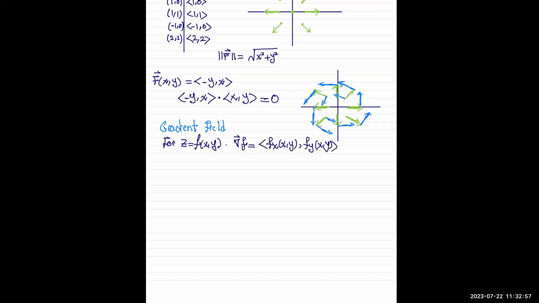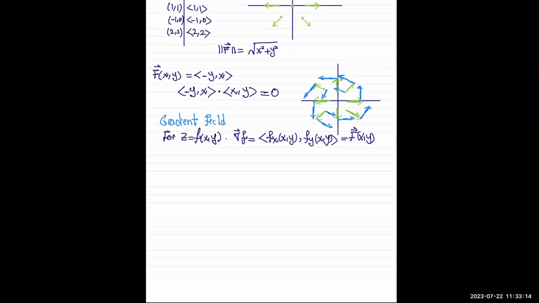And again, we have a vector field here. You can call this capital F of x y. Okay, so this particular vector field is called the gradient field, because again, it's just the gradient of a function.